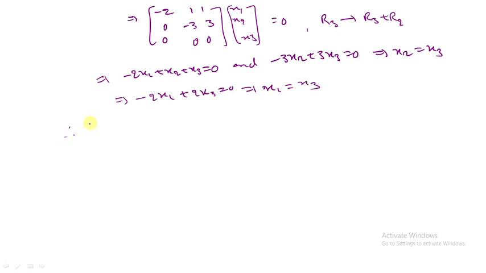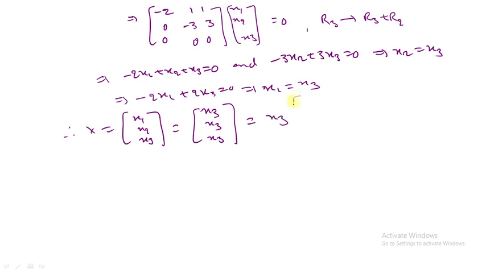Therefore x equals x1, x2, x3: x1 equals x3, x2 equals x3, x3 is x3, so x3 times 1 1 1, where x3 is any real number.